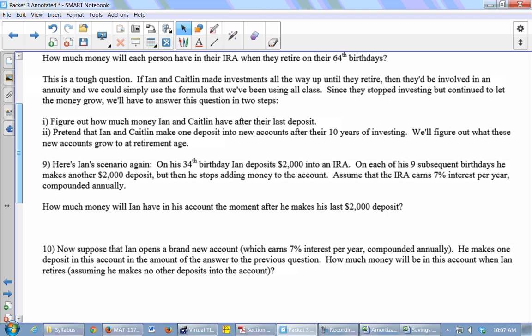But since we stopped investing, but continued to let the money grow, we have to answer this question in 2 steps. One, we figure out how much money we have after the last deposit, after the 10th deposit. Then pretend that you make 1 deposit into a new account after the 10 years of investing, and we'll figure out what that account grows to using our compounding formula from 2 classes ago.